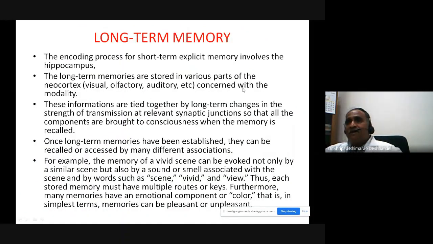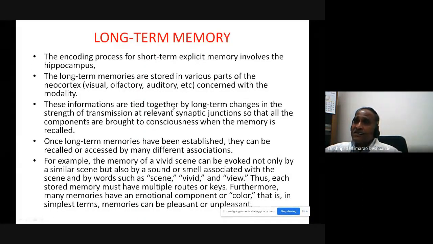Long-term memory: I just want to mention here that the encoding process for short-term explicit memory involves the hippocampus. I have already mentioned it. The memories are stored in various parts of the neocortex. I have already mentioned those parts: visual, auditory, olfactory, somatosensory areas.